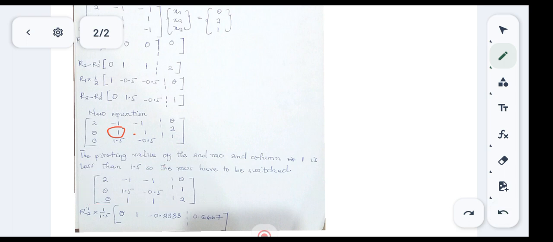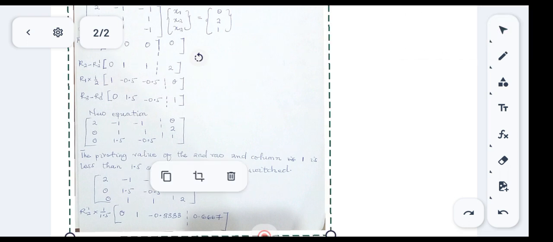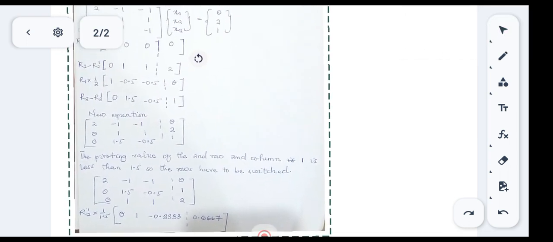Then now you can do your second step forward elimination by multiplying row 2 by 1 over 1.5, that is, 1 divided by 1.5. So when you do that, you are going to get the equation as seen there.